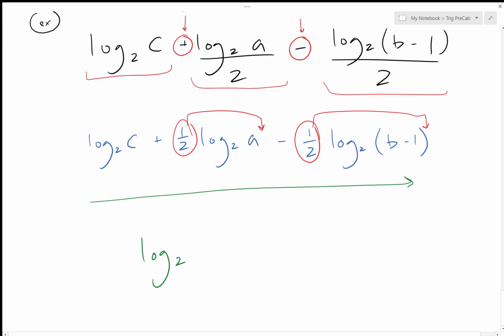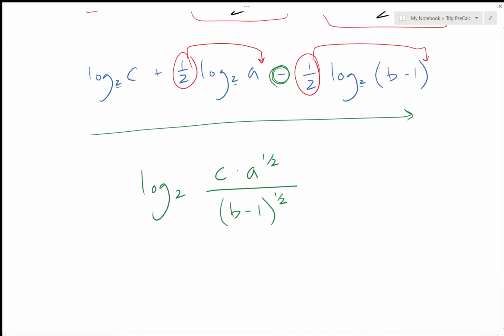So it's log base 2. You notice they all have the 2. Let's work from left to right. So it's c times a to the 1/2, divided by, see this divided by, and on the bottom is going to be the b minus 1 with the whole thing to the 1/2 power.